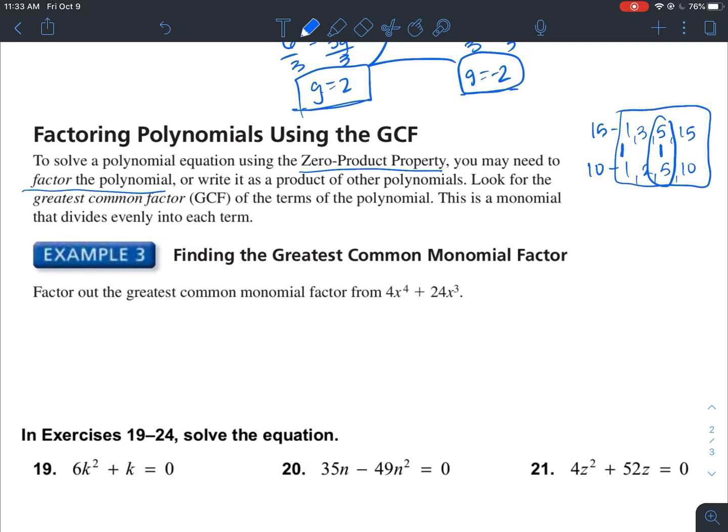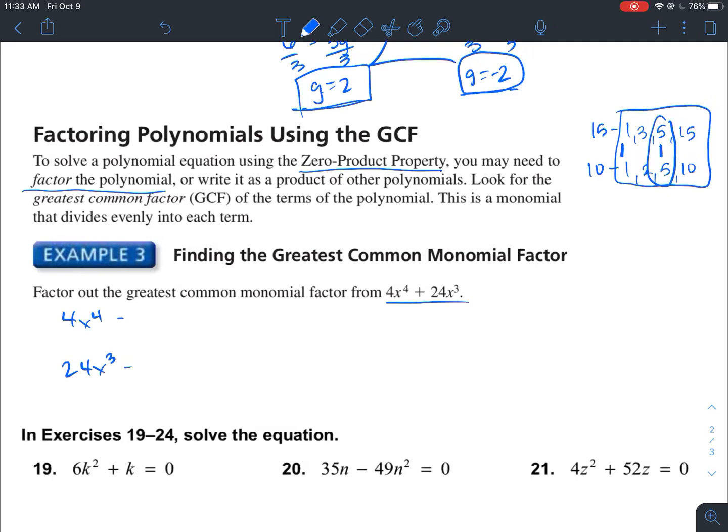Okay? Now, let's use that idea with this example right here. Let's take the two terms, 4x to the 4th and 24x cubed. Let's list out the factors.